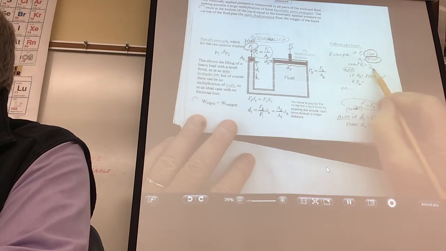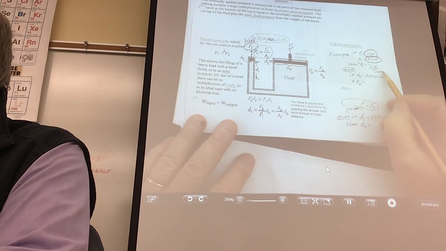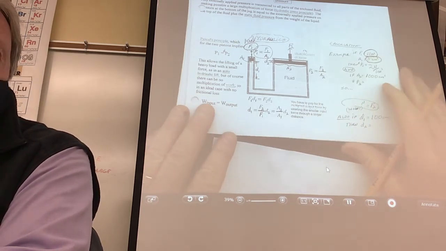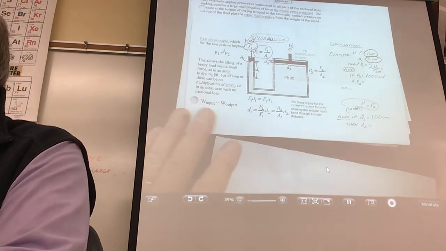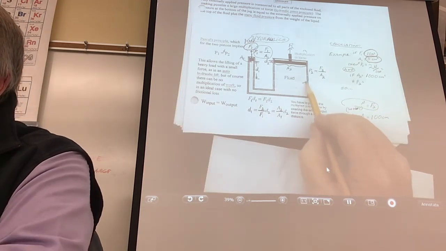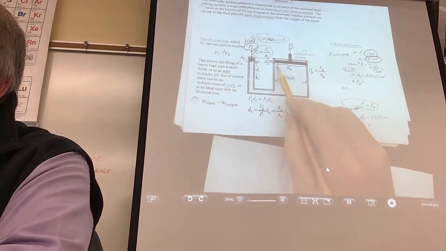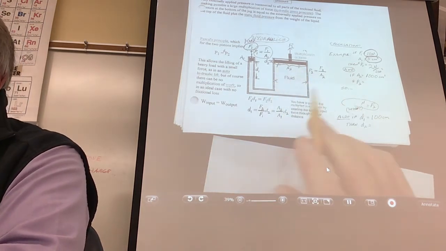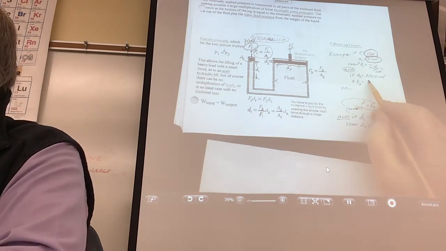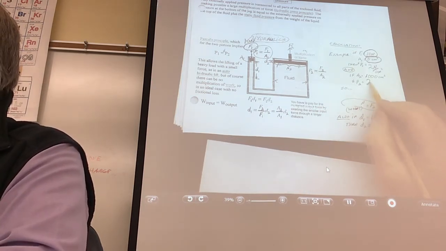It's going to be about 2 newtons per square centimeter. Now remember, if it was newtons per square meter, it'd be called a Pascal, but this is a smaller unit. Now, the question is, what is the pressure here, and right here, and right here? What's the pressure everywhere else? It has to be 2 newtons per square centimeter.